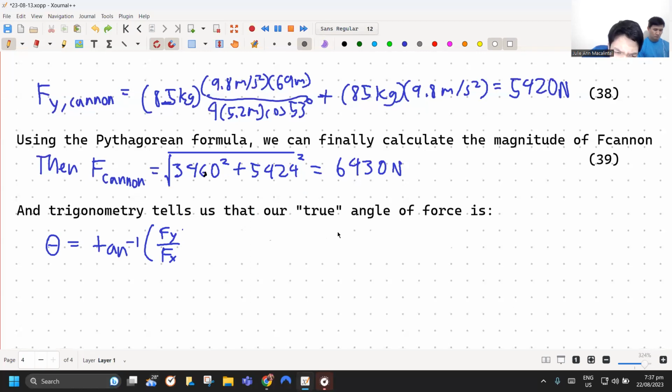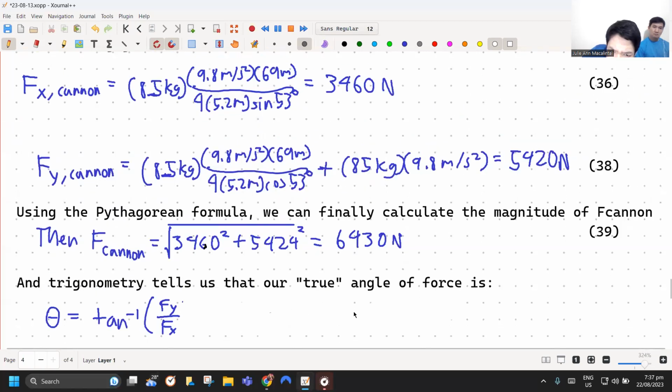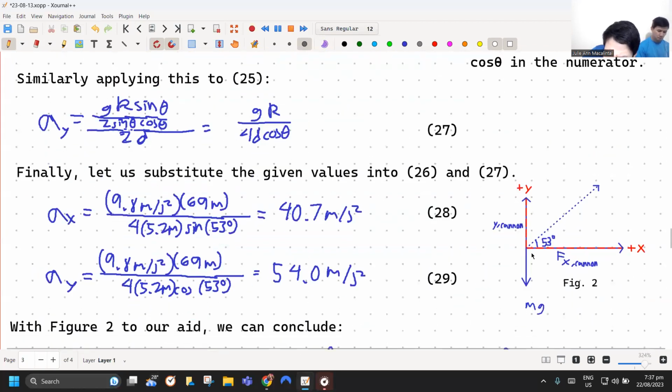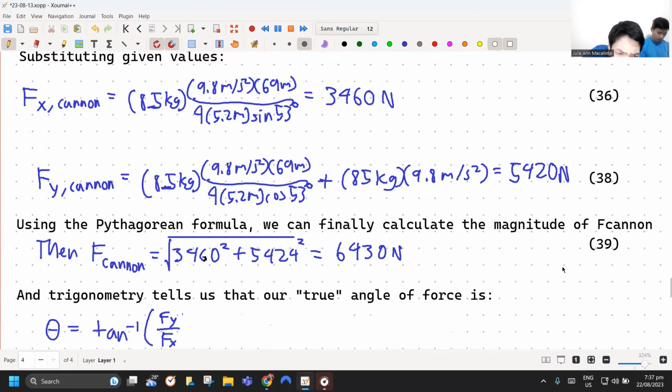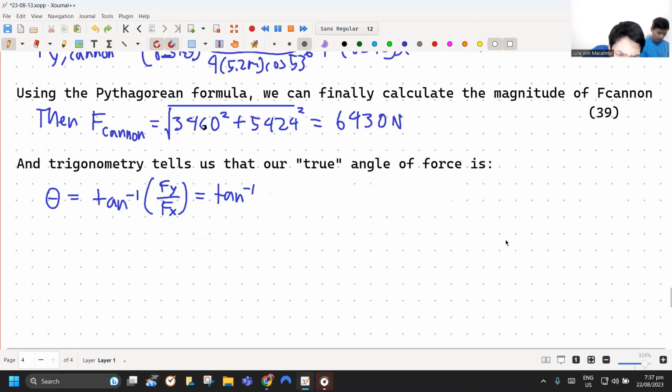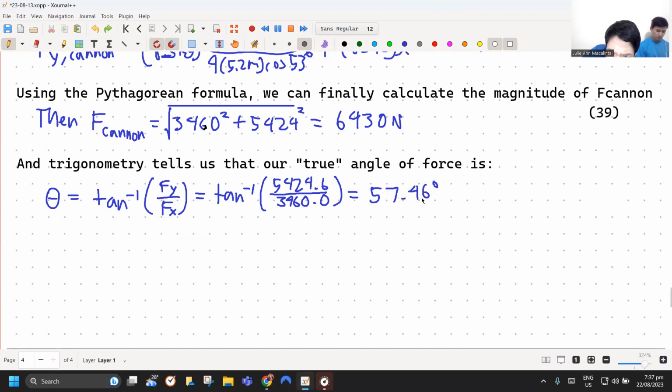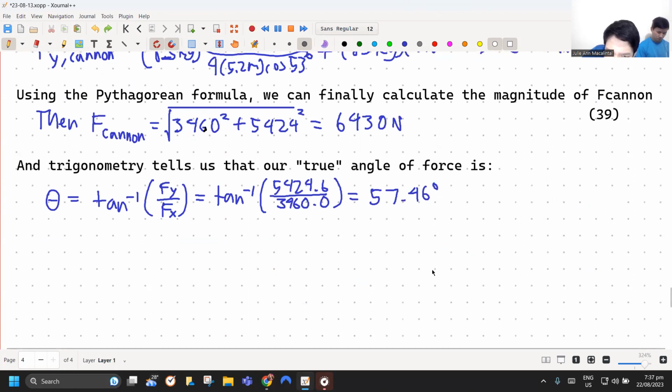We take the angle theta using the opposite side and the adjacent side. So tangent inverse of Fy over Fx, using the values, is equal to 57.46 degrees.